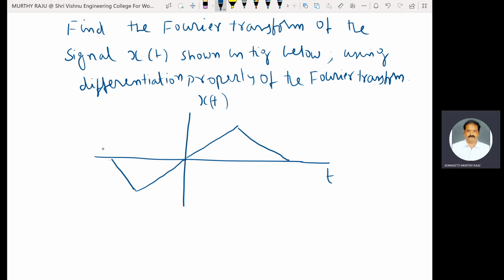This one is -2, -1, this one is 0, 1, 2, and the amplitudes are 1 and -1.